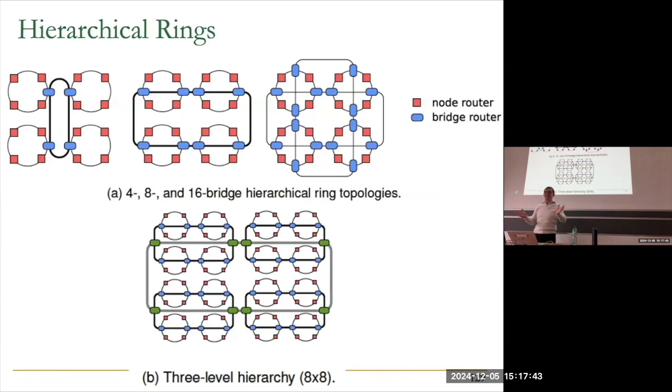A single ring is not scalable also because you have to go through O(N) latency, where N is the number of nodes to reach your destination. Here we have added hierarchy to the network, so you don't need to go O(N), you really need to go O(M), where M is the number of partitions that you need to traverse. Make sense? Okay, so this sort of topology is very interesting as a result.